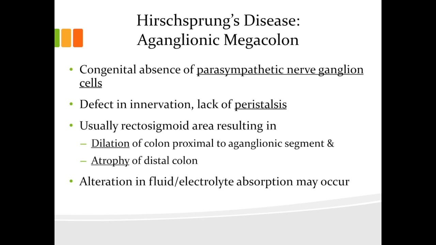And then distal to the aganglionic segment, there's atrophy because that muscle really doesn't need to work to propel stool, because most of the stool that's going to come out is going to be the liquid stool that's around the constipated stool. There is a possibility of fluid and electrolyte abnormalities, but this usually is not the case.